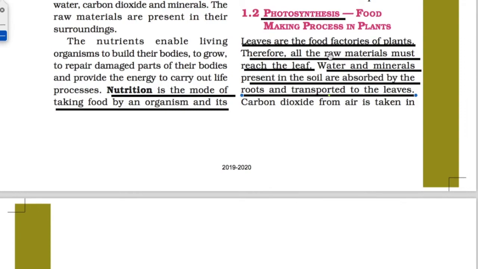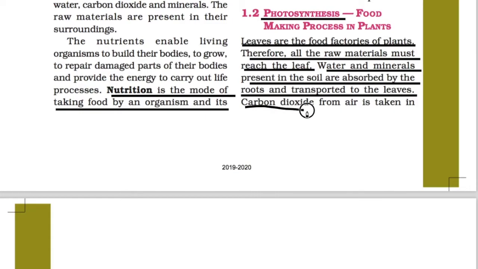As we know that leaves are the food factories of plants, we have to shift the raw materials to the leaf. But water and minerals are present in the soil and they are absorbed by roots. The stem transports water and minerals to the leaves.